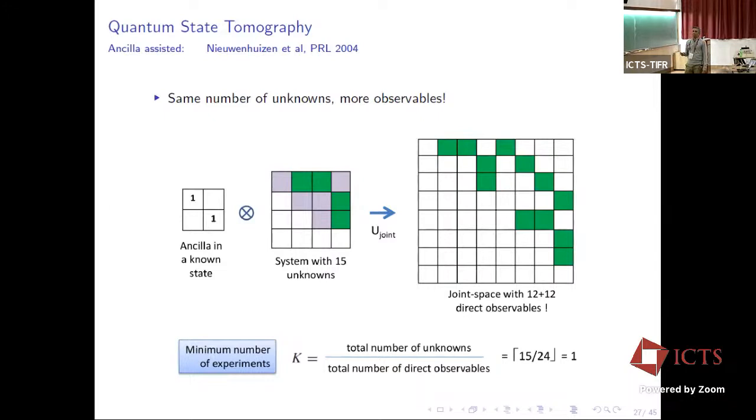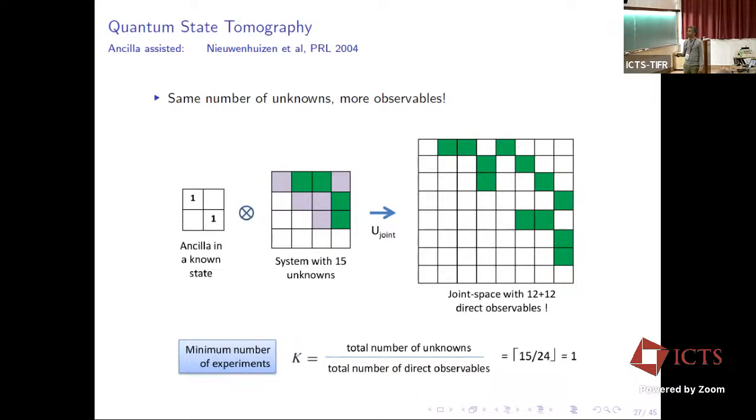Then the number of observables increases. In each experiment, you can extract more expectation values. But the state of the ancillary qubits is already known. And then, by using different unitary transformations, you can very efficiently measure the unknown elements.